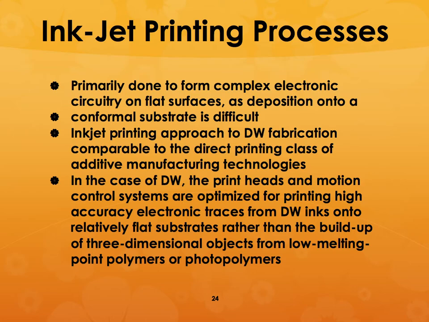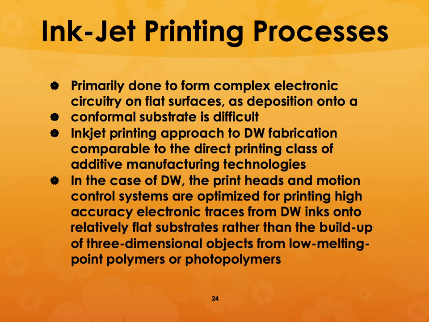Next, let's look at an inkjet printing process. Inkjet printing is used to form electronic circuitry on flat surfaces. In this case, it might be difficult to put it down onto a conformal substrate. It is very similar to the direct printing type of additive manufacturing.